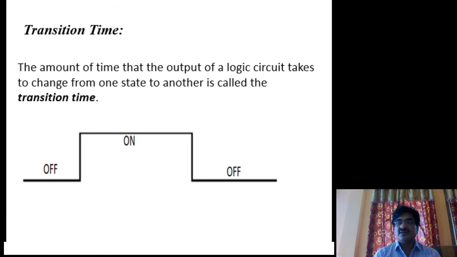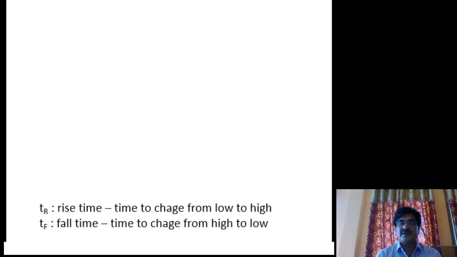Okay. So therefore you can say two types of transition times. One transition time is between off state to on state and another transition is between on state to off state. Hence two types of transitions: one is the rise time and another one is the fall time.